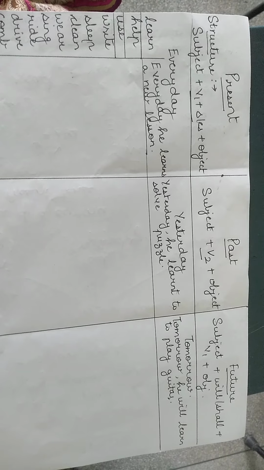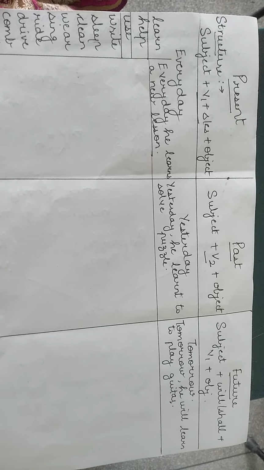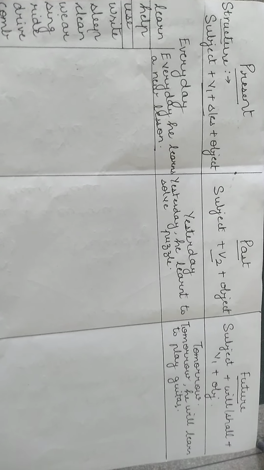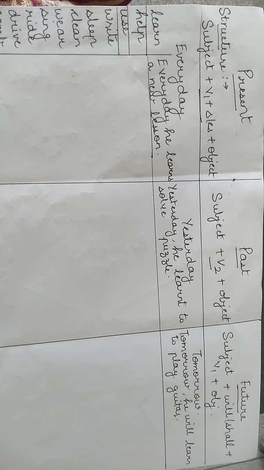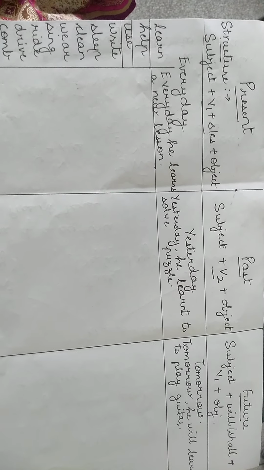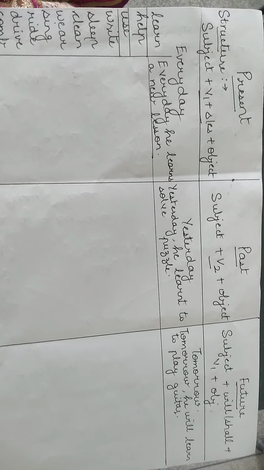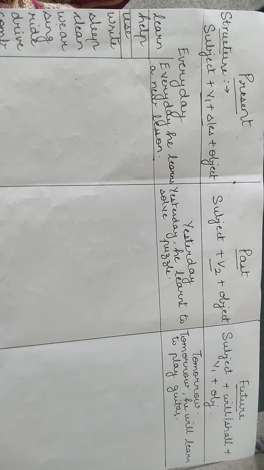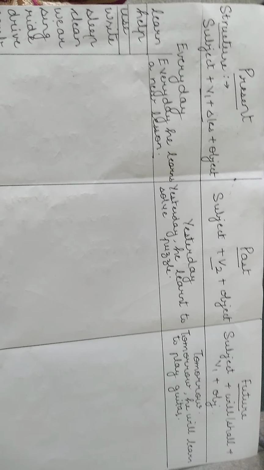When we talk about the present tense, I have written the structure as I have discussed. We will form the sentence using subject plus verb first form plus s or es plus object. Object means, for example, if I have used the sentence he plays football, football comes out as an object. Clear?